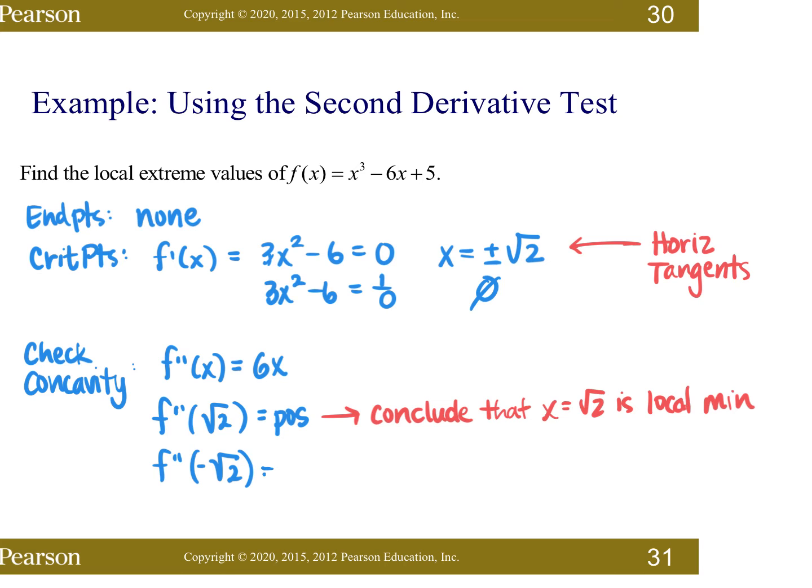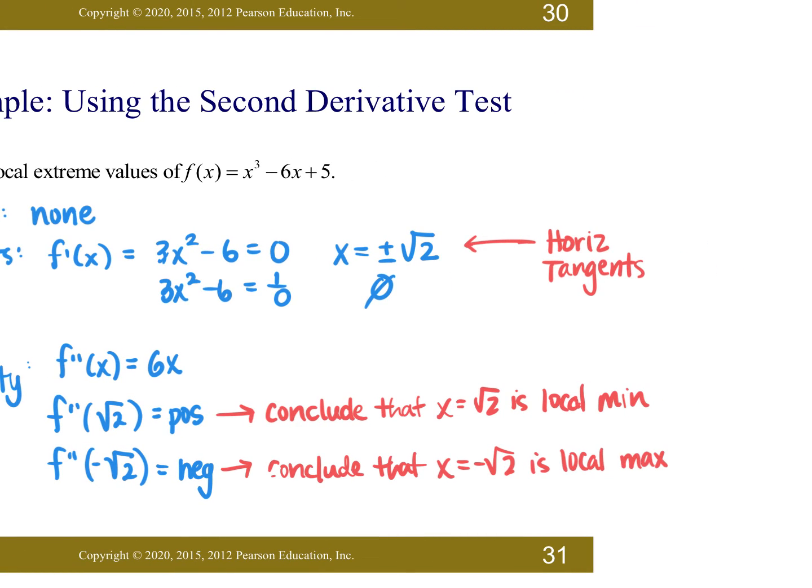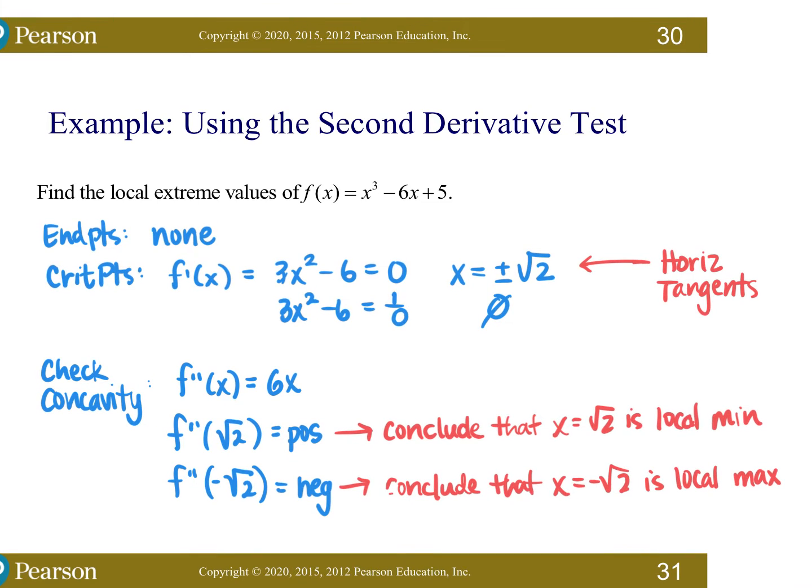When I check the concavity of negative root 2, I'm going to get a negative number. That means it has both a horizontal tangent and negative concavity, and so I can conclude from that that x equals negative root 2 is a local max because it has both a horizontal tangent and negative concavity at the same time.